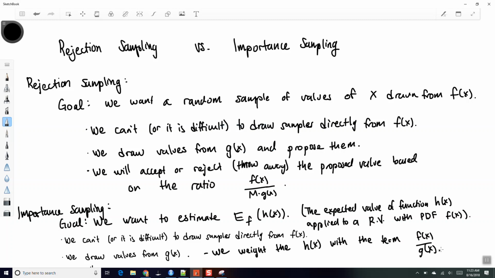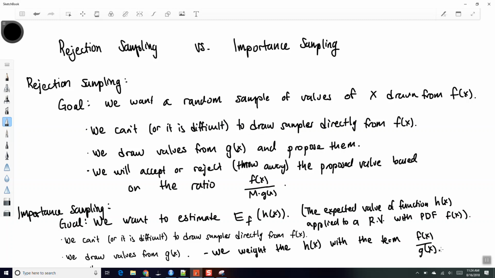Okay. So there's similarities in that we have a distribution that we can't sample directly from, and so we use another distribution, a g of x. And with rejection sampling, we either keep or we throw away those values based on this acceptance ratio.